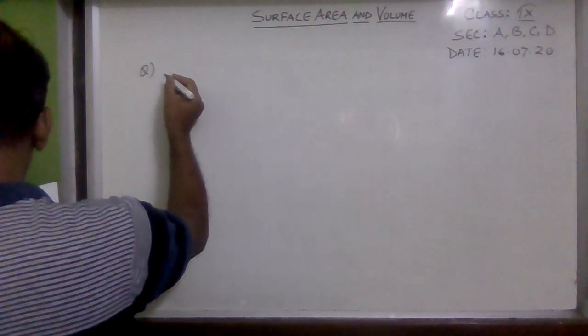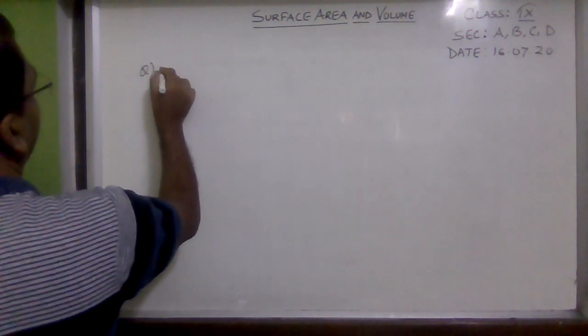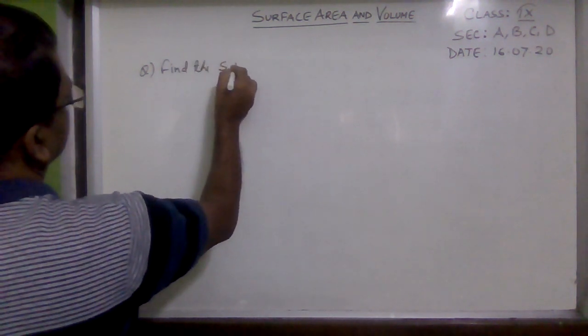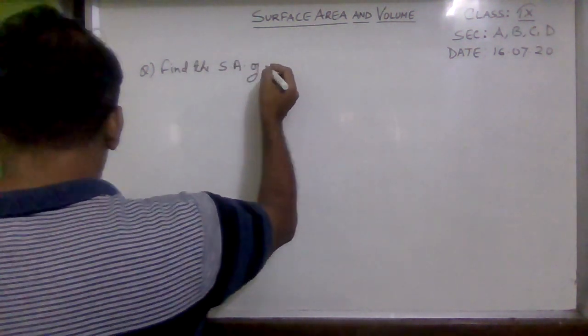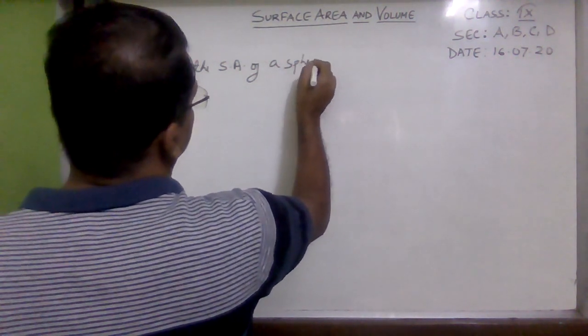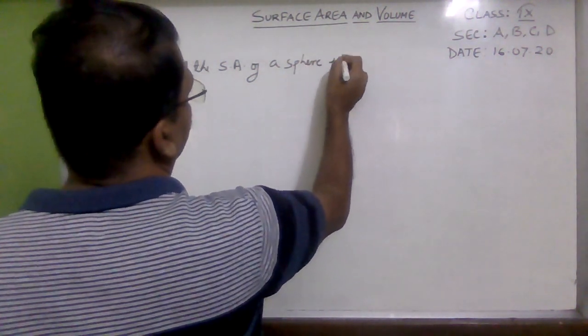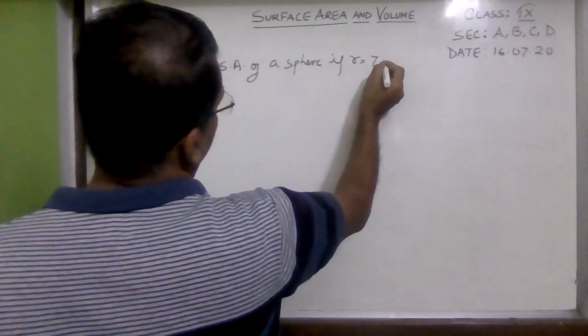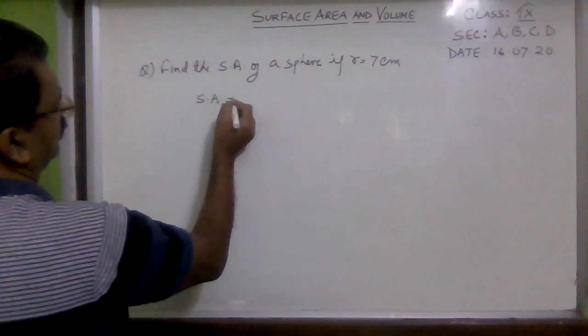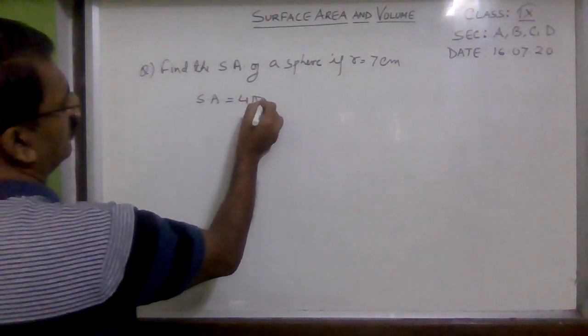Question is, find the surface area of a sphere if r is equal to 7 centimeter. I told you the formula for surface area of a sphere is 4 pi r square.